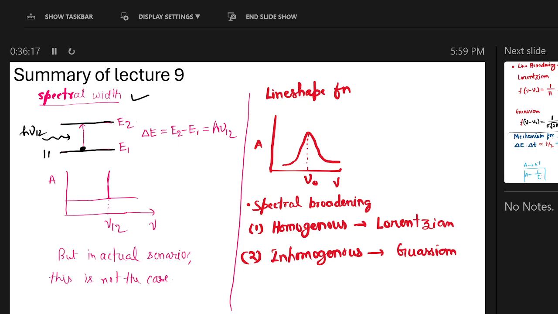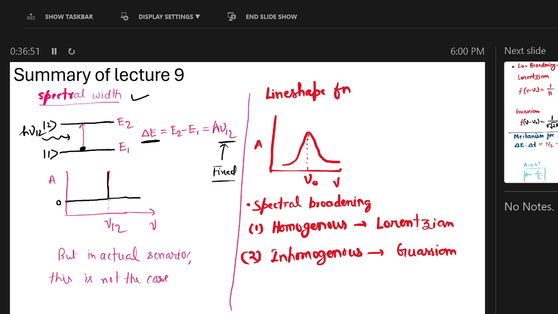So there is an energy difference, and corresponding to this energy difference, we will have a fixed frequency. So we should get a spectrum where the intensity at any other frequency is 0, and at this frequency it is maximum, a single line.